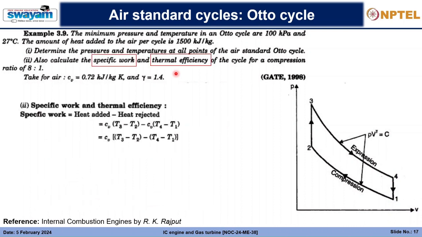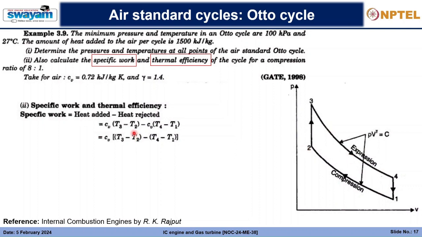Then we need to calculate the specific work and the thermal efficiency. First we calculate the specific work. That is heat added minus heat rejected. That will be quite simple for us rather than using a very big equation. If we know all the points, everything becomes simple for us now.